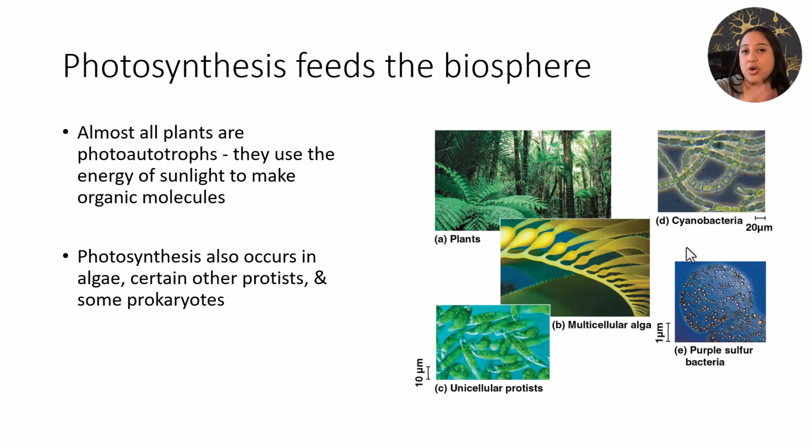You'll get this a lot more in the next course in the series. It's really interesting that some protists can do this. And some prokaryotes, like cyanobacteria, can also do photosynthesis, as well as algae and plants. So some prokaryotes, certain protists, and other algae.